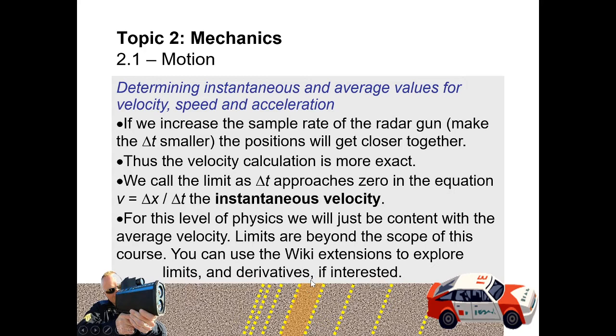Now, how would it be possible to get the exact velocity or the exact speed at a certain point? And it is possible, absolutely. You can see that if we make the time intervals smaller, we get a more accurate picture. So the more time intervals you put, the more accurate the velocity at a certain band becomes.